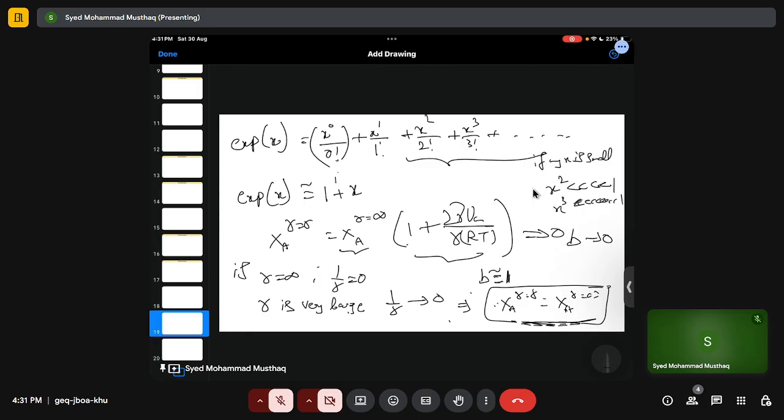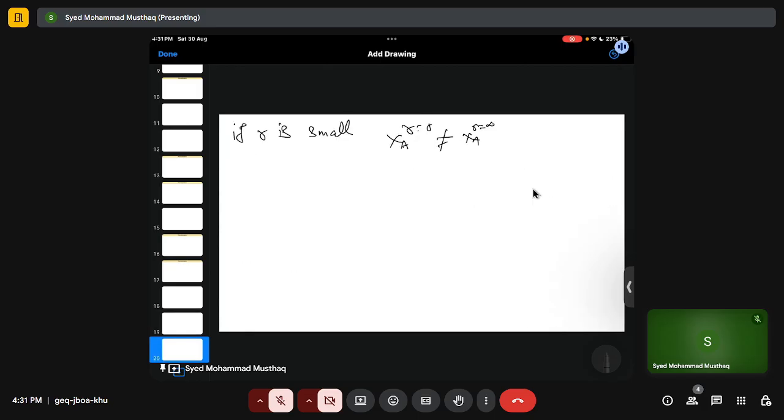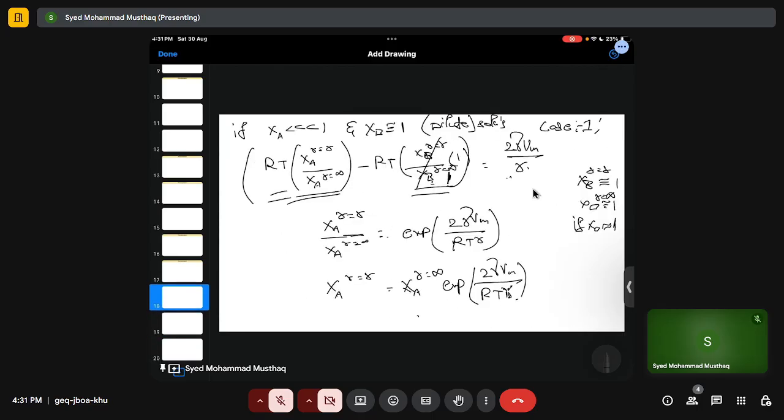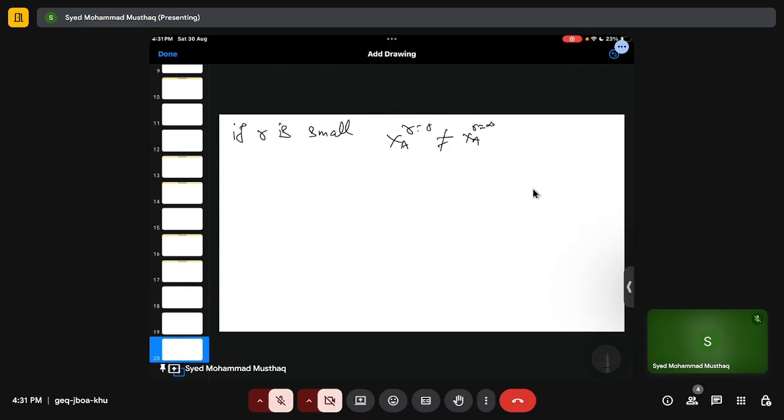Okay. Now moving on to, this is for the single phase, right? We are only writing it for a single phase. What happens if we have two phases? Everything we have been writing so far is for a single phase.